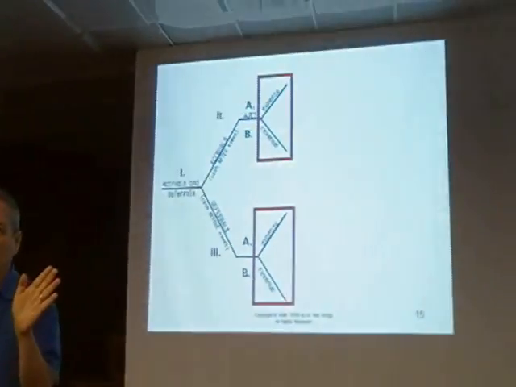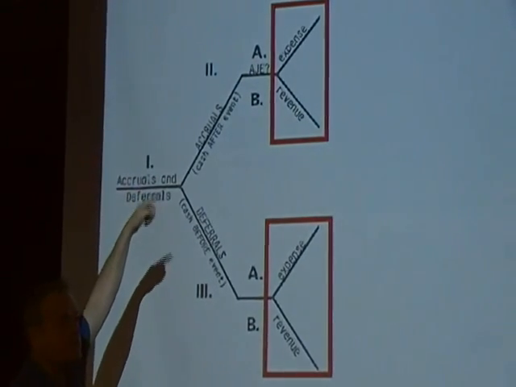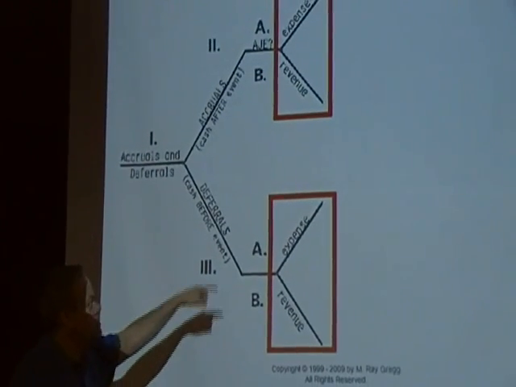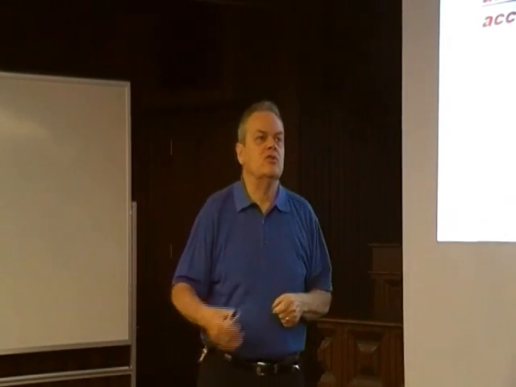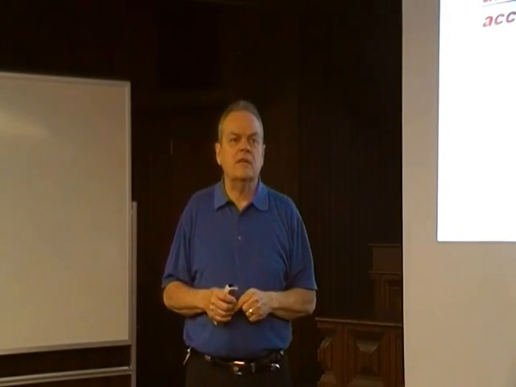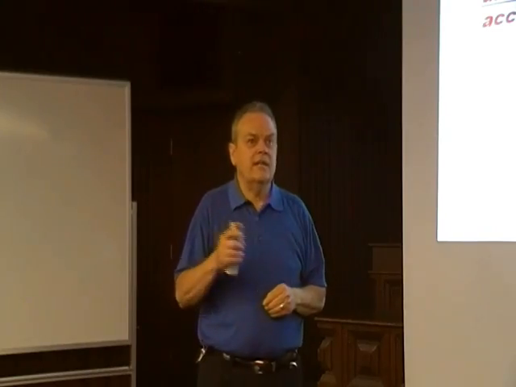We defined accruals and deferrals by when cash changed hands, and now as that decision tree unfolds, we see that accruals can be both expense and revenue, and deferrals can be both expense and revenue, and those are the paths that I need to take you down as fast as possible today. You need to be clinging to what you already know and allowing me to stretch you just a bit to show you some things that we'd like for you to know in addition to what you've already mastered.